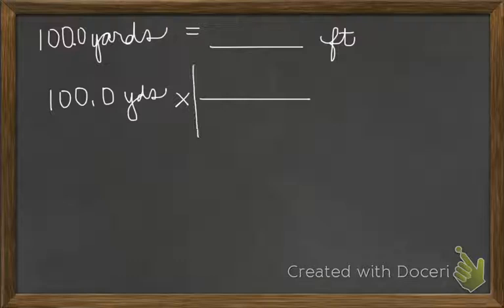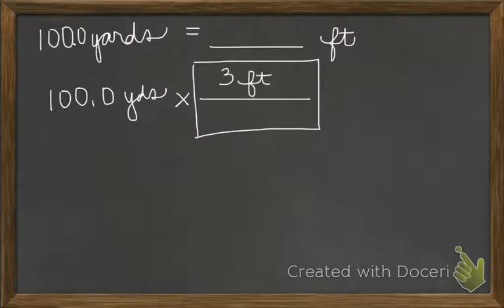And in this conversion factor, I have to have the number on the top and the bottom equal to each other. I know there are 3 feet in a yard. Do I write 3 feet over 1 yard? Or would it be correct to write 3 feet on the bottom and 1 yard on the top? Which is correct?